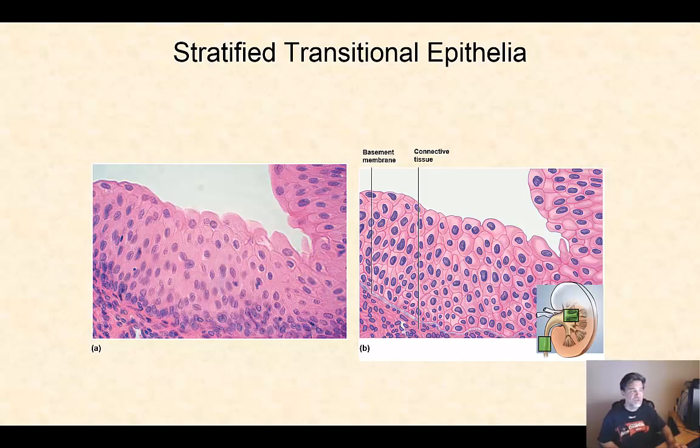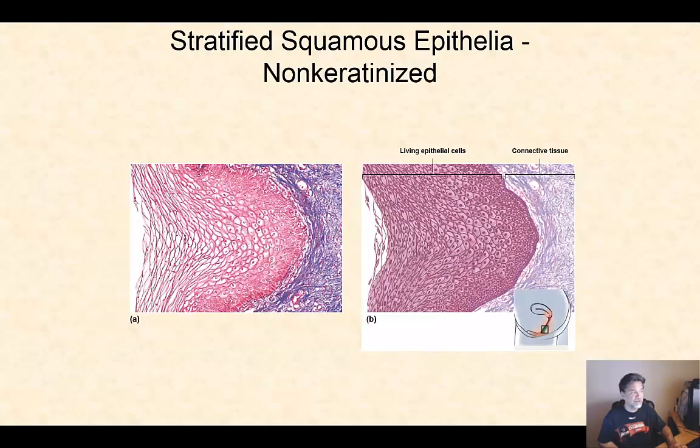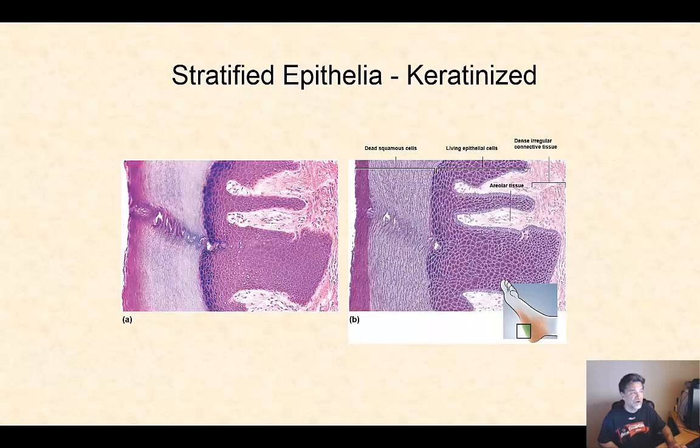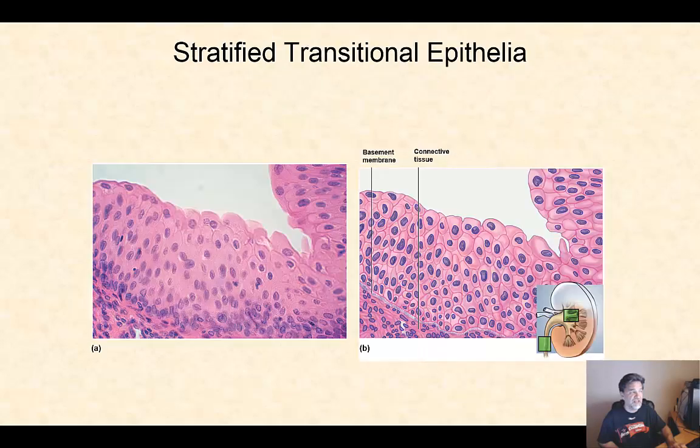Note the roundness of the cells in the transitional epithelia. Go back here, look at the flattened cells in the stratified squamous. They're not round at all, especially as you get near the edge, near the white space. And here, certainly very much flattened. But in the transitional epithelia, we see very much rounded.